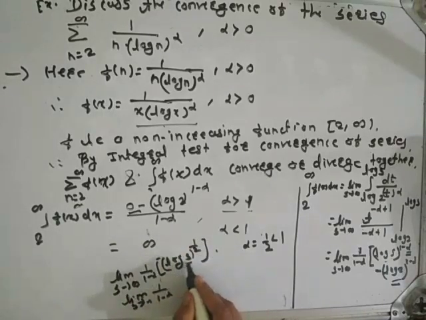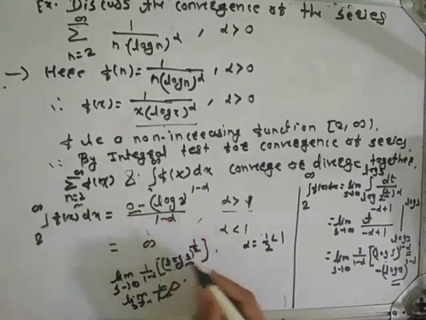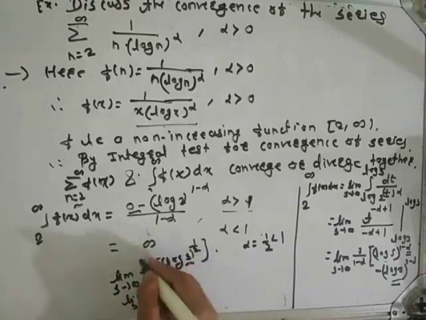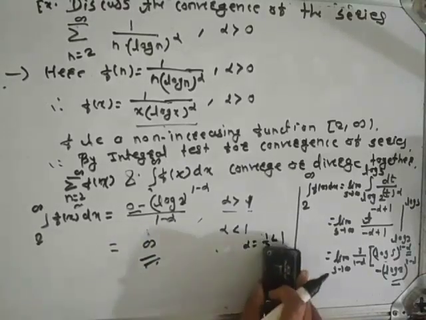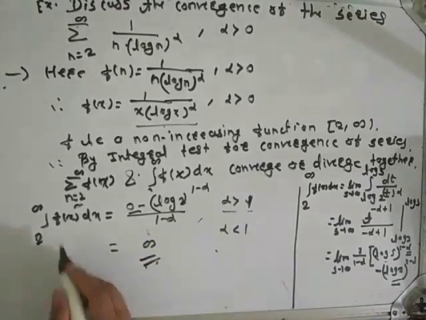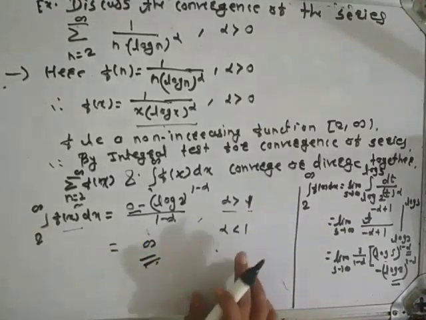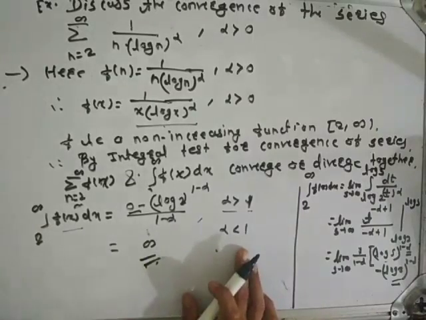As s tends to infinity, log s tends to infinity. So this total term becomes infinity, and if we subtract any number from infinity, we get infinity. That's why we get this integral equal to infinity when alpha is strictly less than 1.